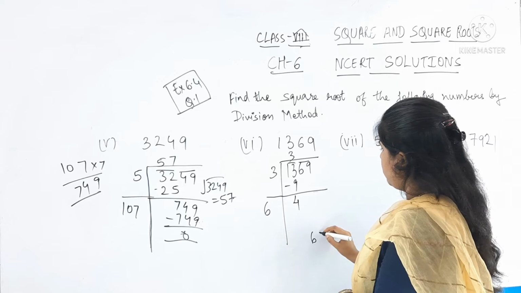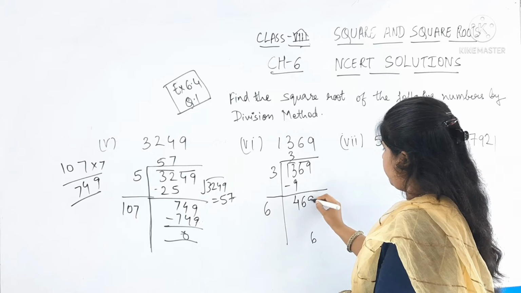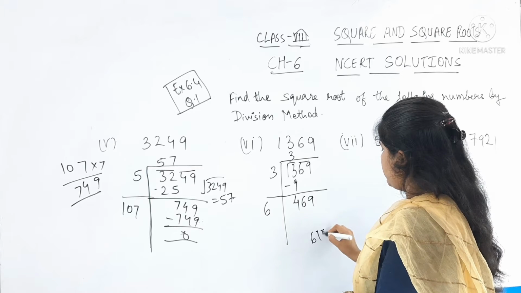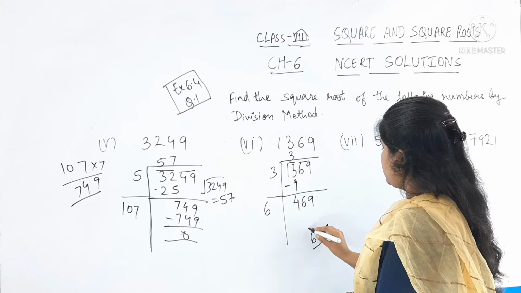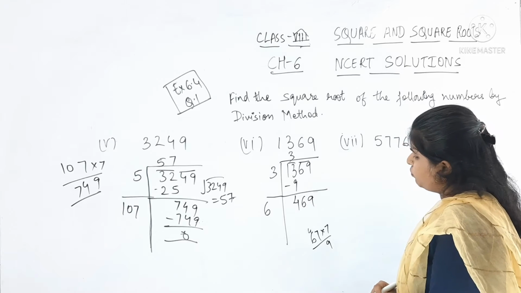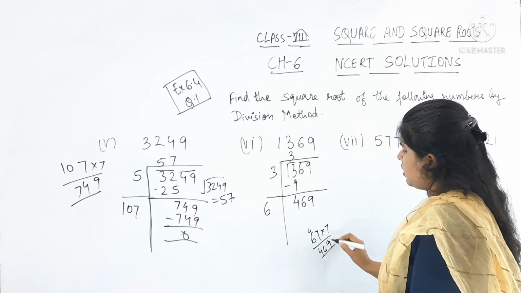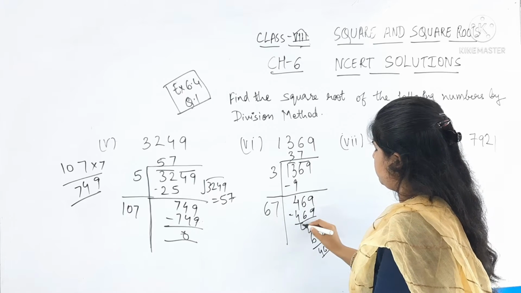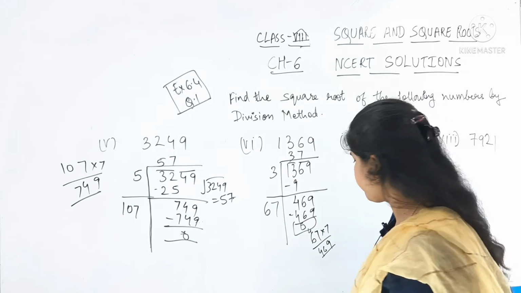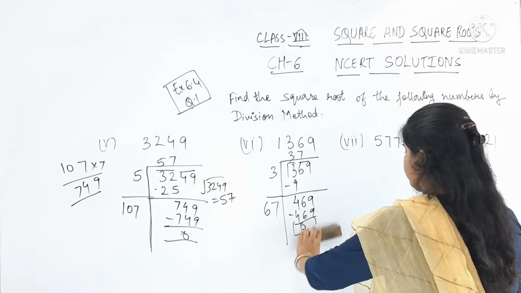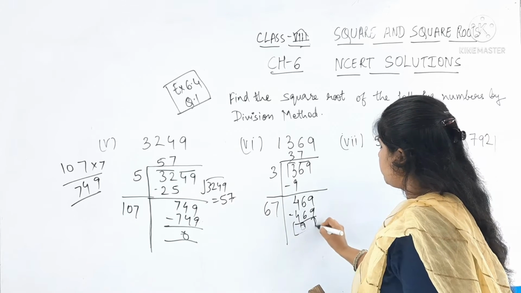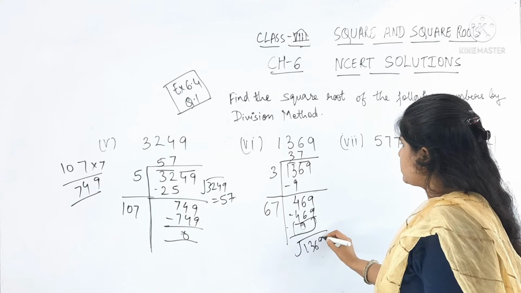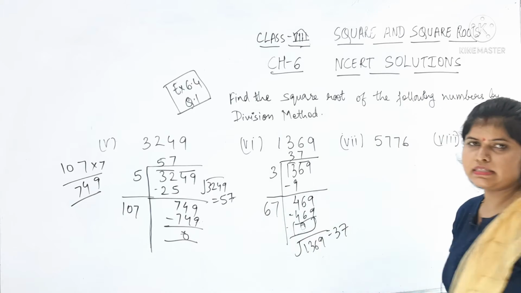Now we will check for 67 into 7. 7 7s are 49. 6 7s are 42. 42 plus 4 is 469. So it will be 7. It will be 0. So the square root of 1369 is equal to 37.